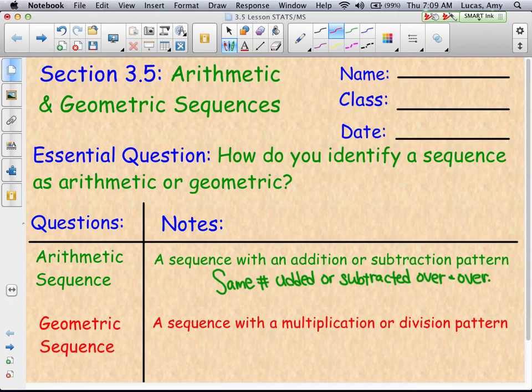It has to be the exact same number being added each time or being subtracted each time. If it changes even once, it's not an arithmetic sequence.